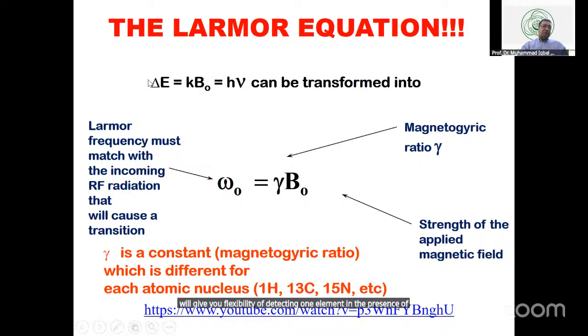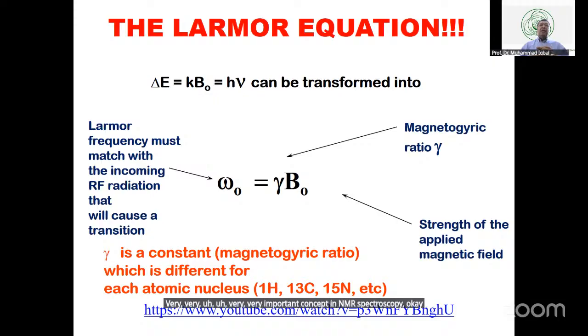As I said, Larmor frequency is not only dependent on B naught, but also on the magnetic gyric ratio. As a result, you can select a matching radio frequency and select one element in the presence of others. Very, very important concept in NMR spectroscopy.